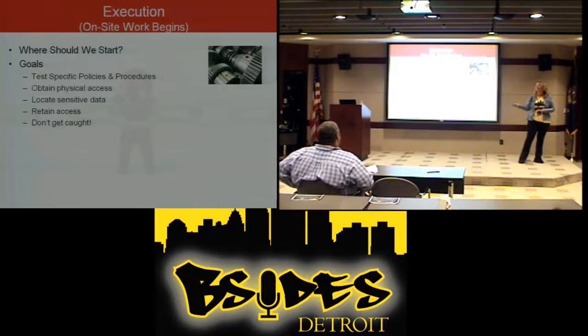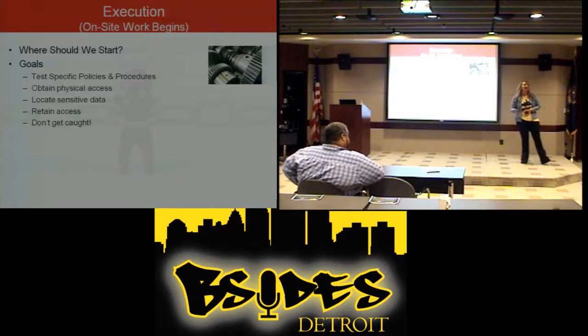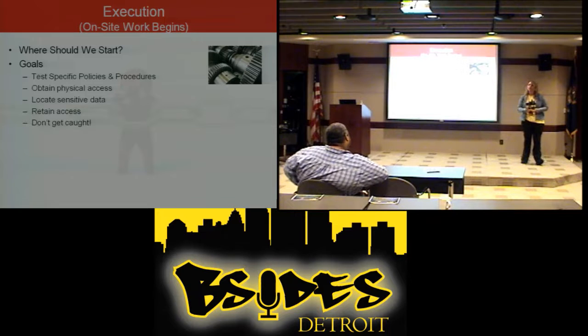That's the most important part. Ideally, your goals are to test specific policies and procedures, obtain physical access, locate sensitive data for evidence, and retain access. That's what the duct tape's for and the putty knife, so that you can slim jim and then duct tape the door lock, and don't get caught. Ultimately, that's what we're doing for every site that we visit.